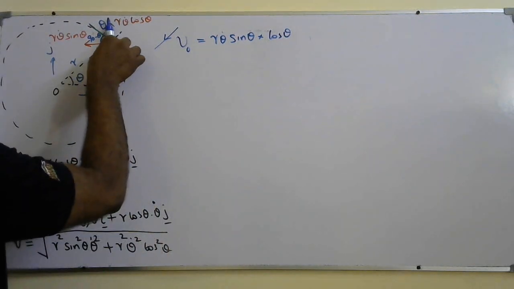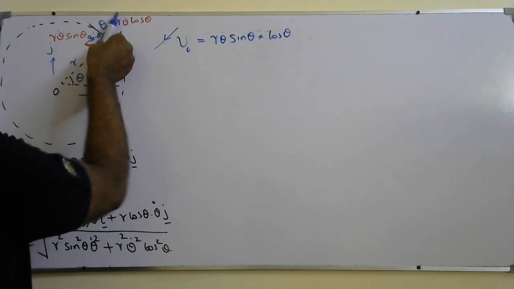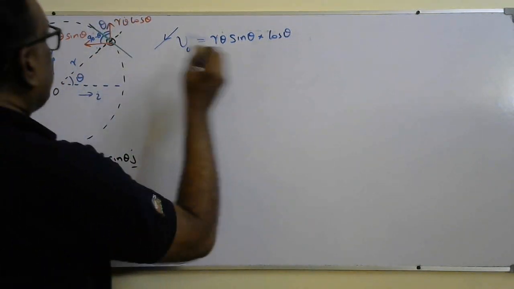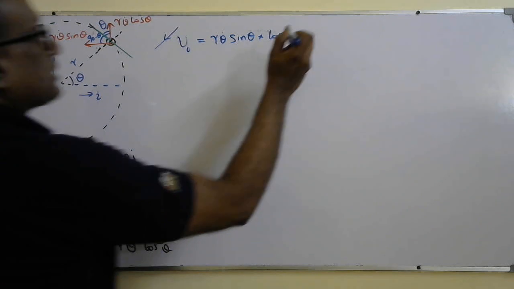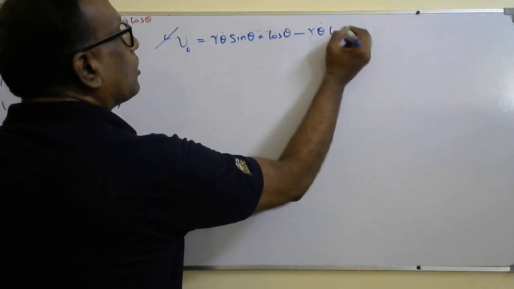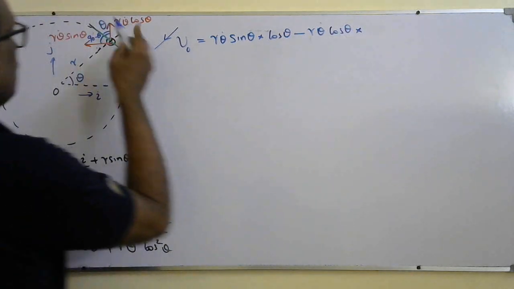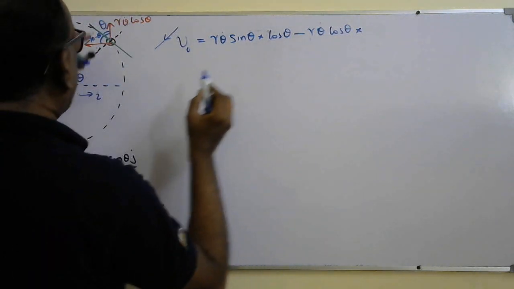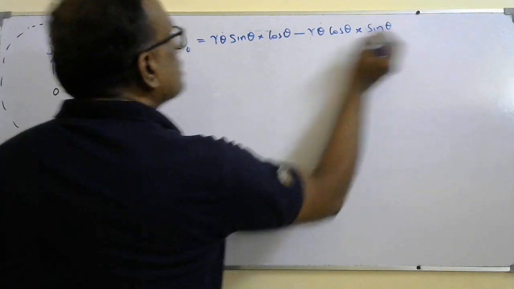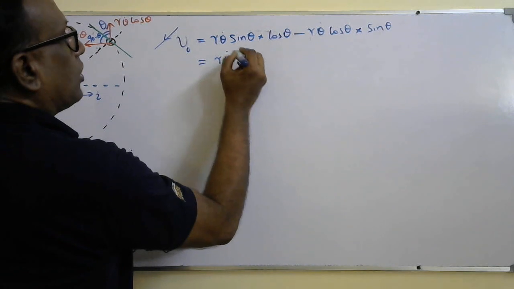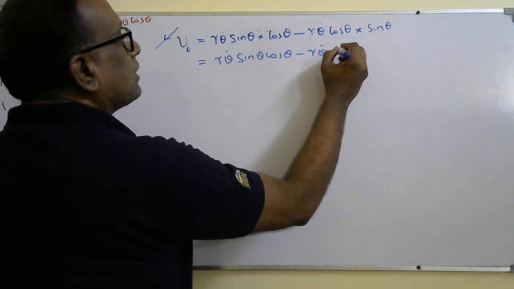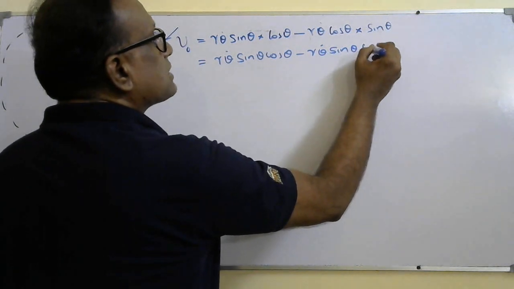When I resolve the other along the radius, it's going to be in the opposite direction, away. So minus r theta dot cos theta sin theta. So that's r theta dot sin theta cos theta minus r theta dot sin theta cos theta.